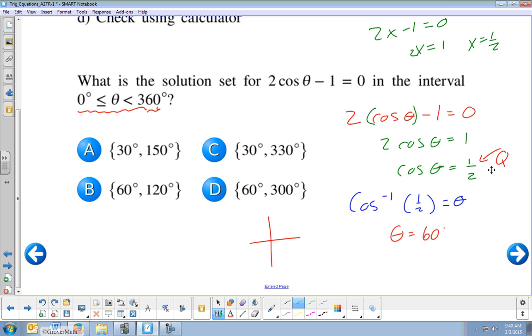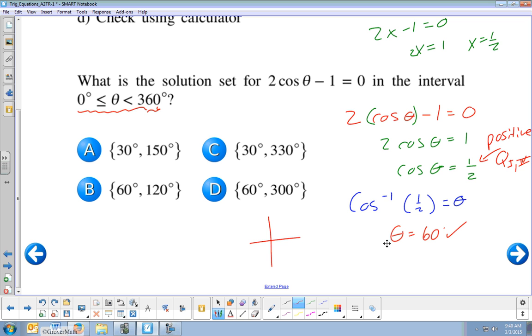How do you figure that out? Well, you have cosine theta equals 1/2, but most importantly, you have positive 1/2. And when is cosine positive? Cosine's positive in quadrant 1. We already have that answer. But it's also positive in quadrant 4. So we need that answer.